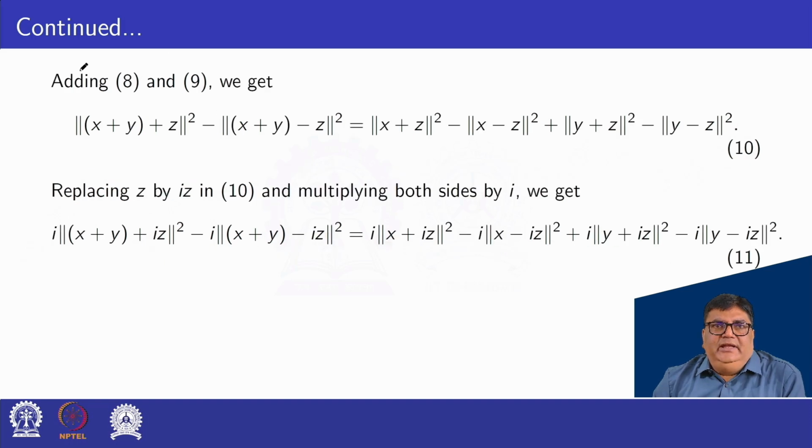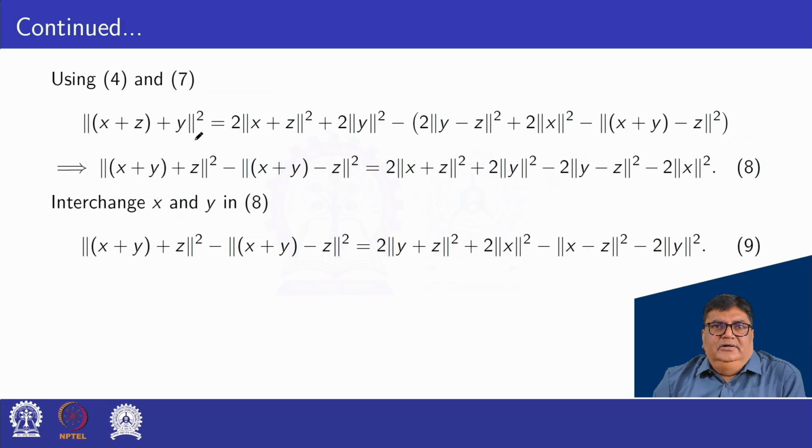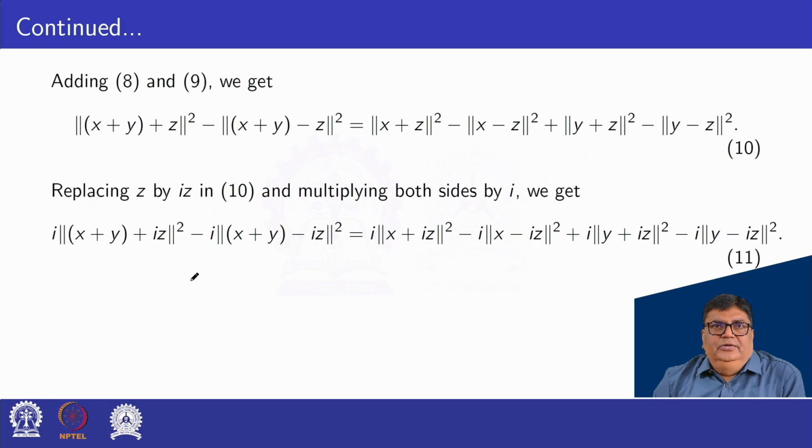Adding equations 8 and 9, okay, so we have 2 into this equal to 2, 2, 2 and 2 also here. Okay, so taking the common 2 on both sides, it cancels out.